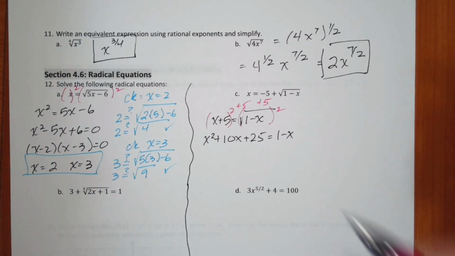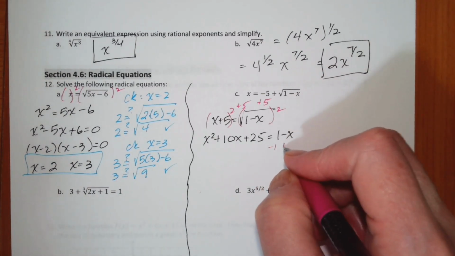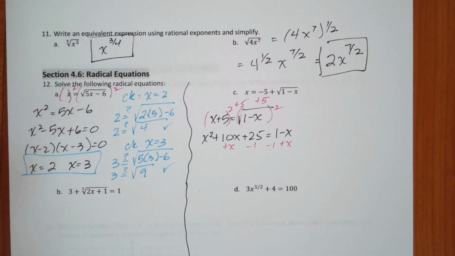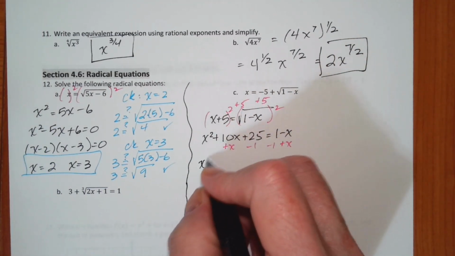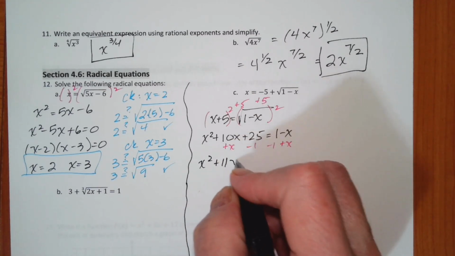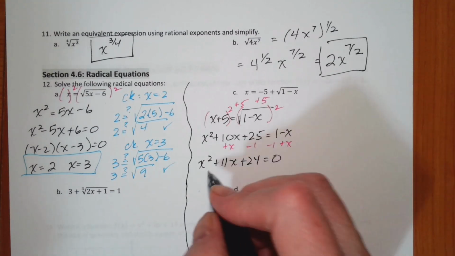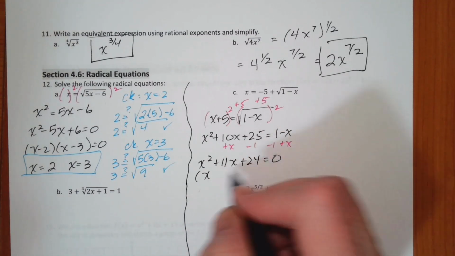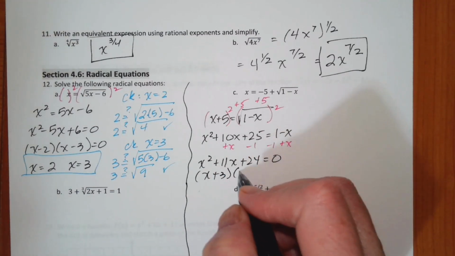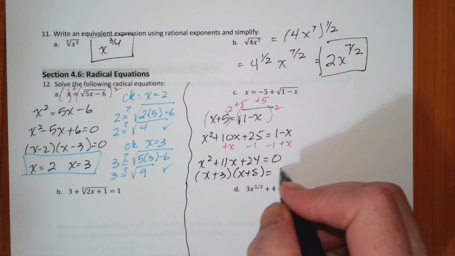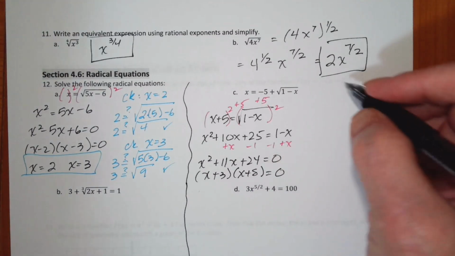Okay, so let's set it equal to 0 by subtracting 1 and adding x. Add x, subtract 1. So that gives me x squared plus 11x plus 24 is equal to 0. x plus 3, x plus 8 is equal to 0.